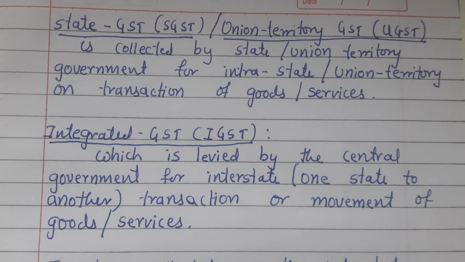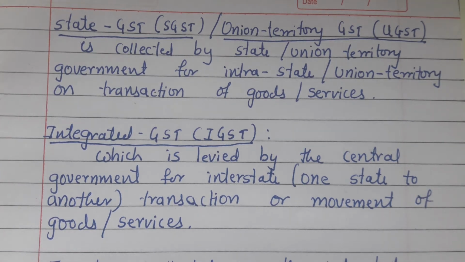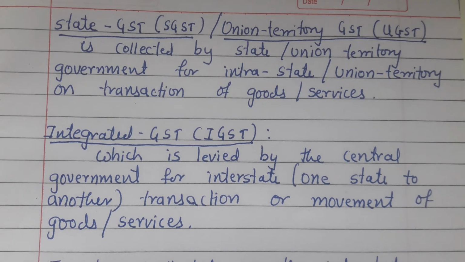State GST, that is SGST, or Union Territory GST, UGST, is collected by the state or union territory government for intra-state transactions, inside the same territory, of goods or services.